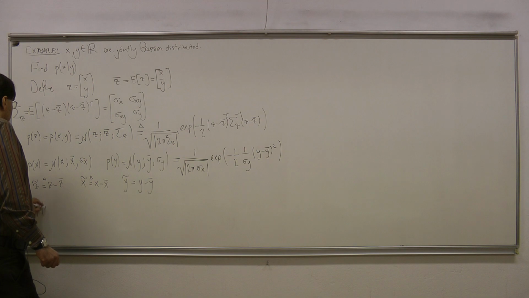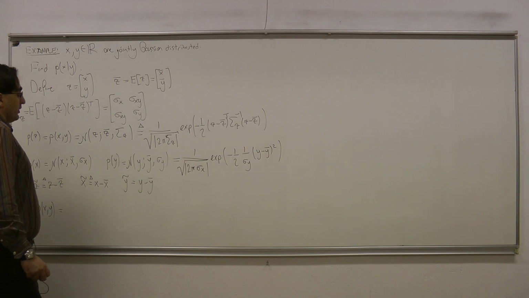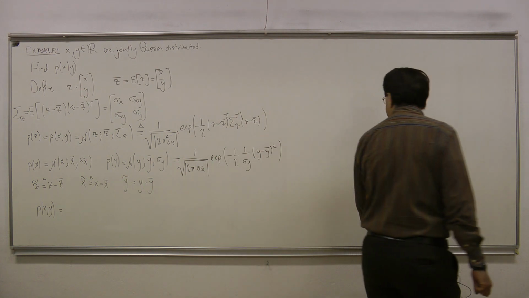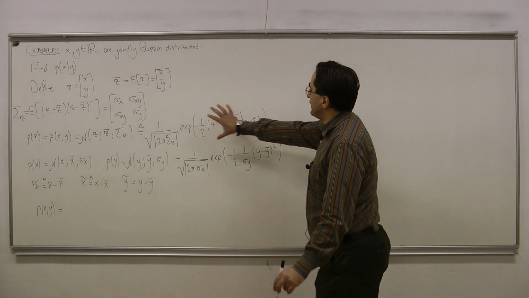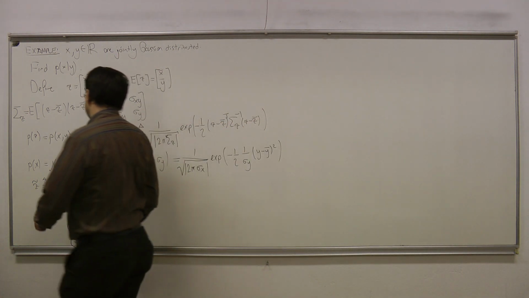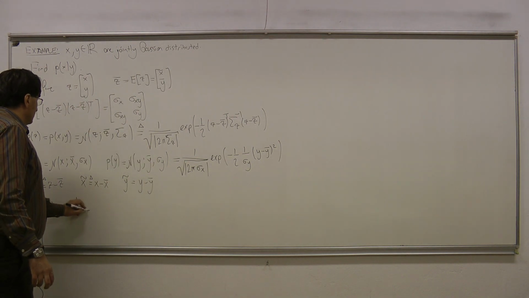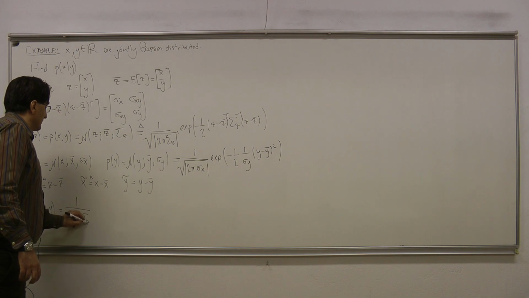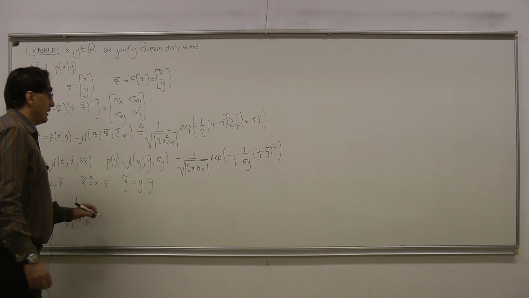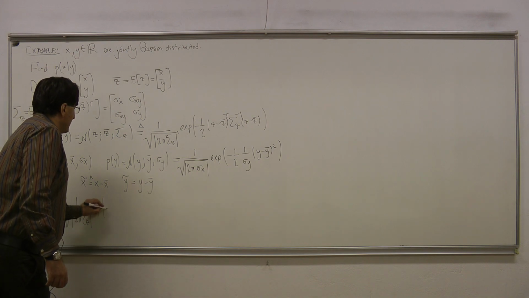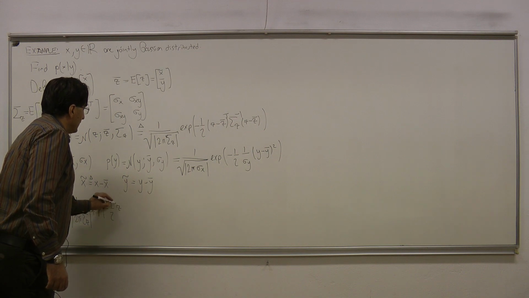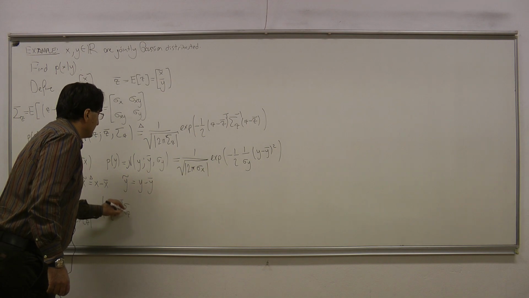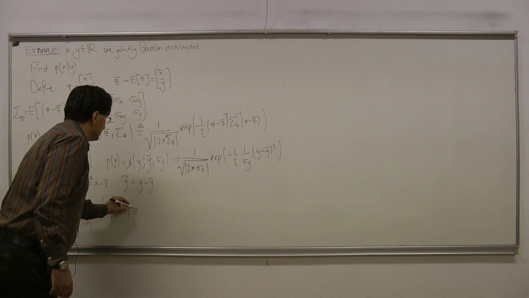So I would have P of x,y, the joint distribution of x and y. Here, I will write this distribution in terms of tilde variables. Okay? So I would have 1 over the square root of the determinant of 2 pi sigma z, and exponential minus 1 over 2, z tilde transpose sigma z inverse z tilde.